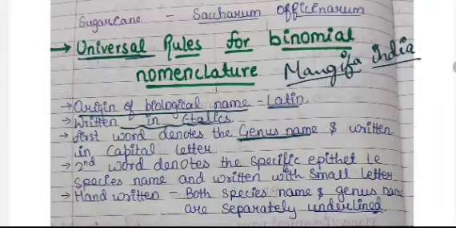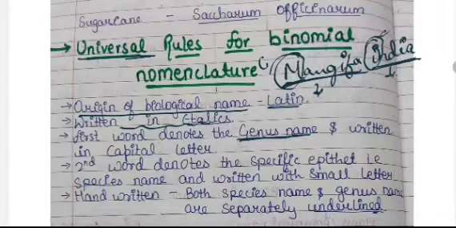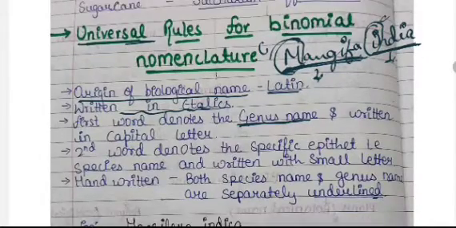The first letter of the genus should be in capital. The second name represents the species name, and its first letter should be small. It should be separately underlined when it is handwritten.